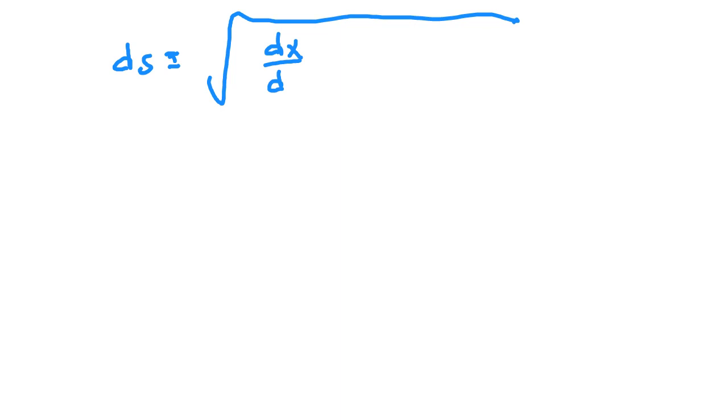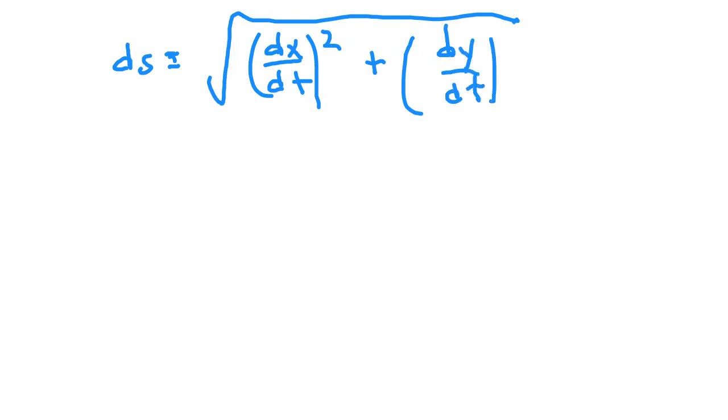So remember, when we talked about line integrals, we showed that ds is equal to the square root of (dx/dt) squared plus (dy/dt) squared, dt. Well, what does this square root stand for?